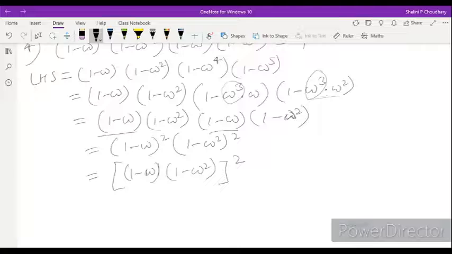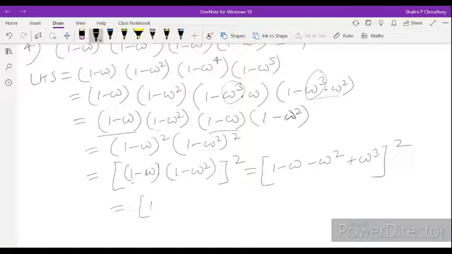So now we'll multiply first. 1 into 1 will be 1, 1 into minus omega is minus omega, minus omega square into 1 is minus omega square, and minus omega into minus omega square will be plus omega cube. Whole square.